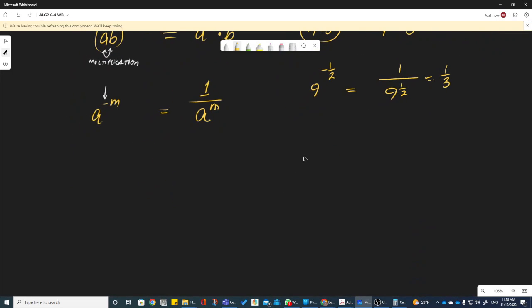Alright. Here's the next property. a to the power of m divided by a to the power of n. Okay? When you have a division, what you do is you take the top one and then you minus the bottom. Okay? So remember, they gotta be the same number.